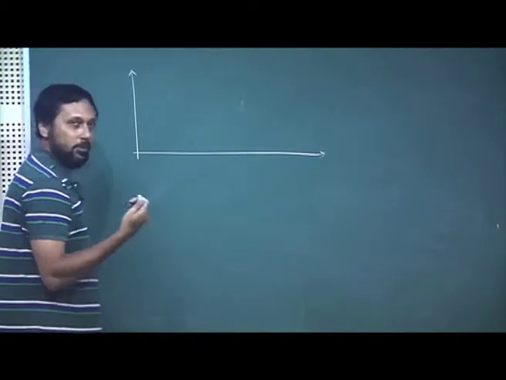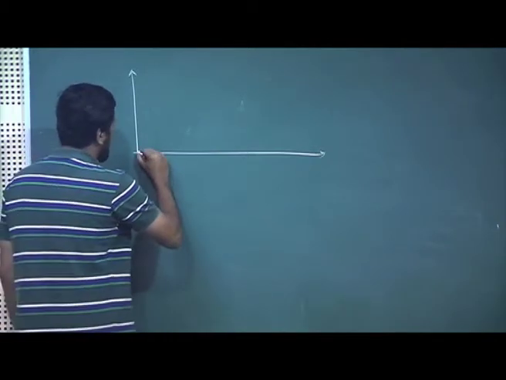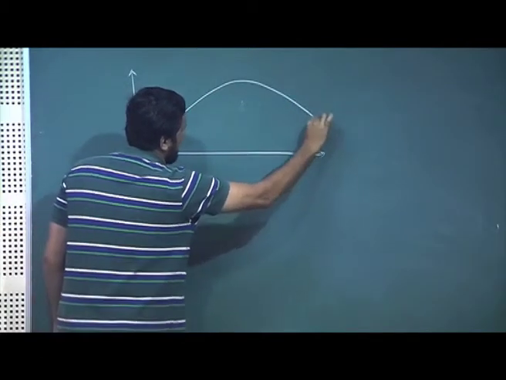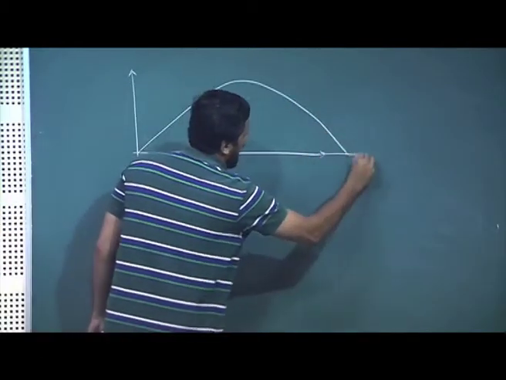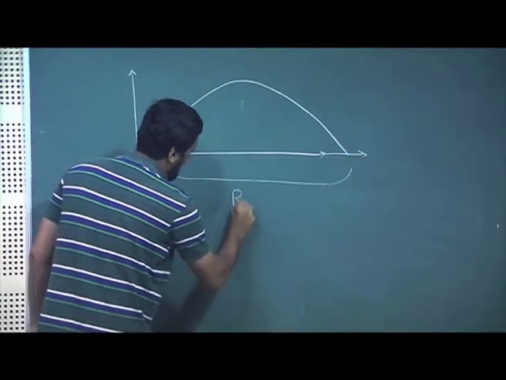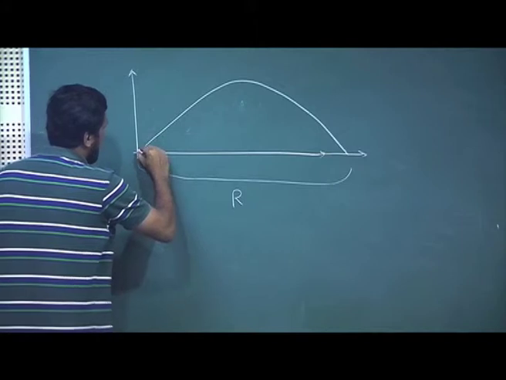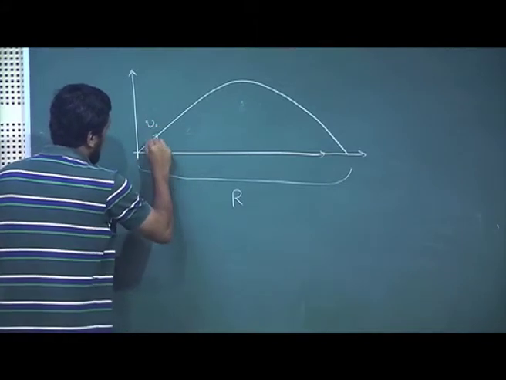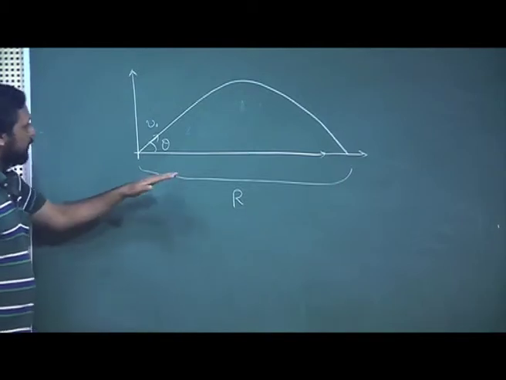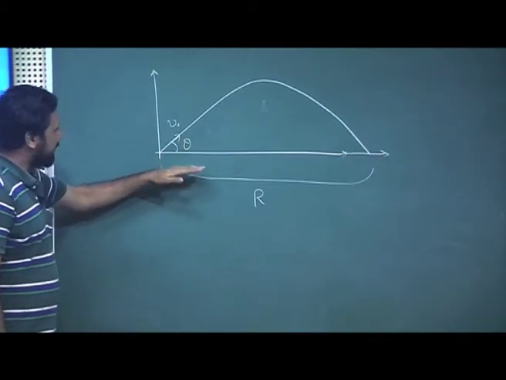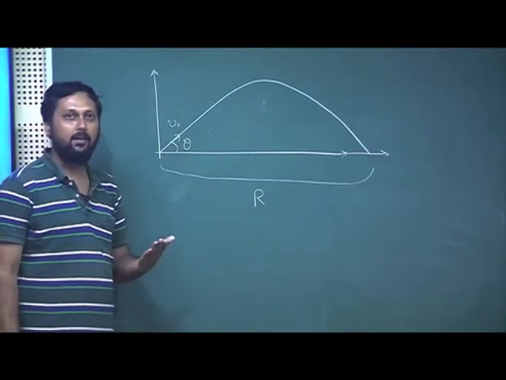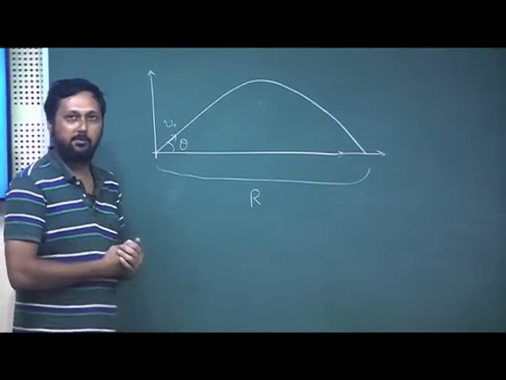Let us say there is no air resistance, and we all know that the projectile essentially takes a parabolic path, and the range of this projectile depends on the initial velocity v0 and the angle theta. We know that by optimization of this range we get theta equal to 45 degrees as the optimal angle for which the projectile will have maximum range.